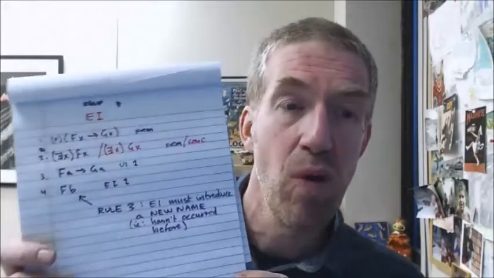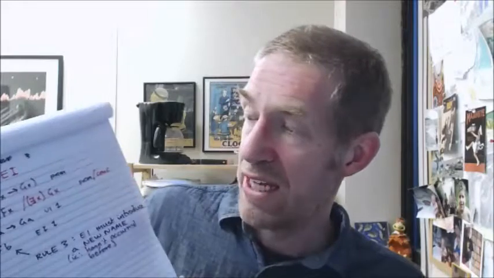What this means is that existential instantiation requires strategy when you're doing a proof. There is a way to do this proof, but you just have to be a little sneaky. And the way is this. Instead of starting by doing universal instantiation, you start by doing the existential instantiation.